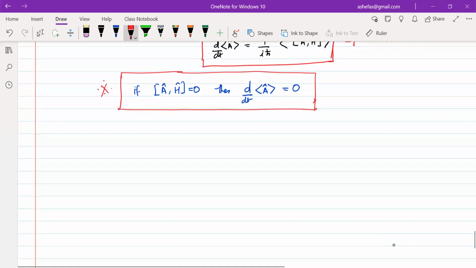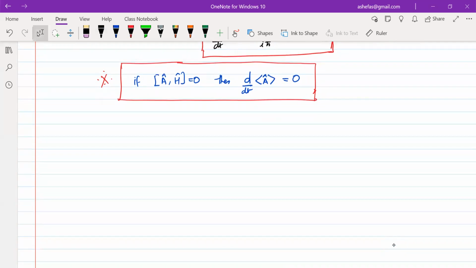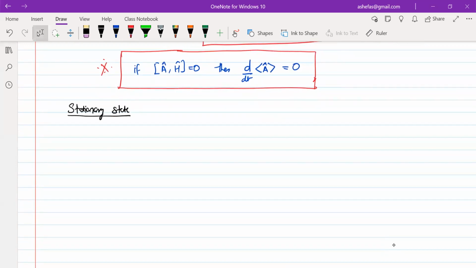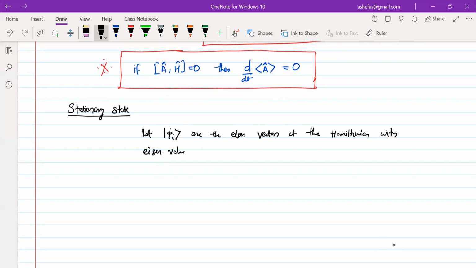Now the other thing is, what about the stationary state? We can define the stationary state in quantum mechanics, in the Schrodinger picture. Let the kets |φ_i⟩ be the eigenvectors of the Hamiltonian with eigenvalue E_i.